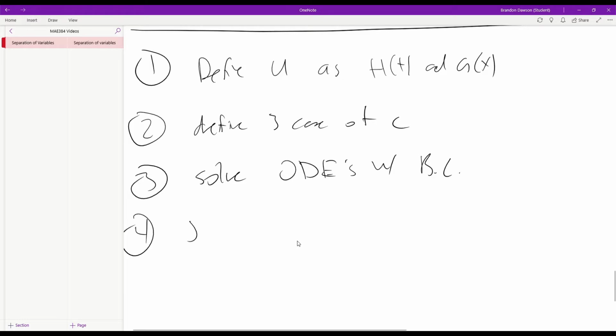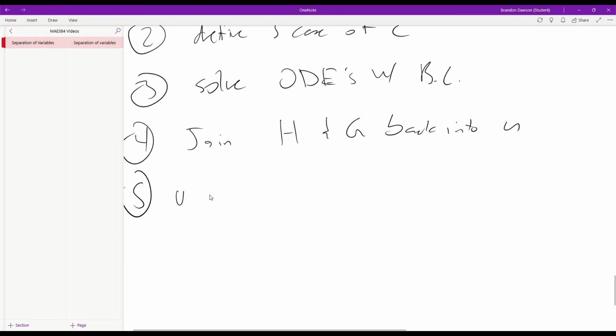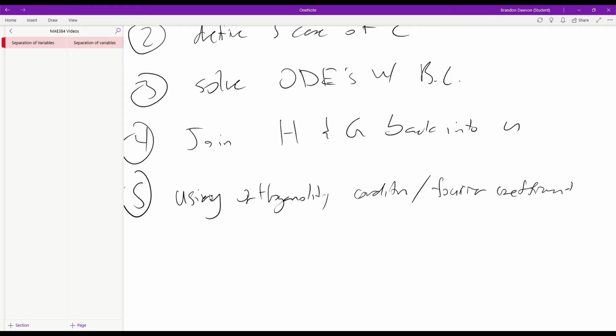Step 4 is join h and g back into u. And then step 5 is using the orthogonality condition, which is also known as the Fourier coefficient, along with the initial condition, to solve for the final solution.